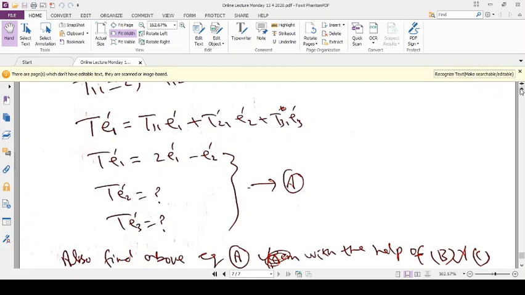And what is your equation number 2? Tij dash equals ei dash dot Tej dash.